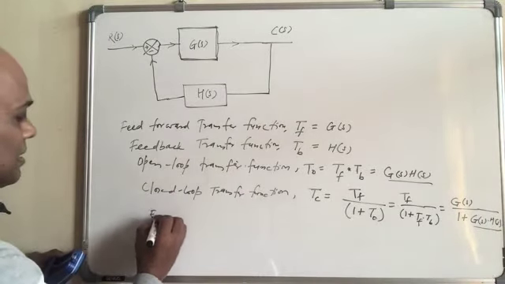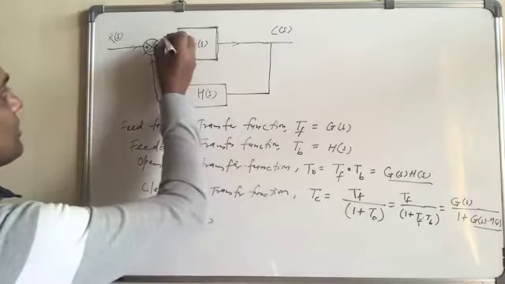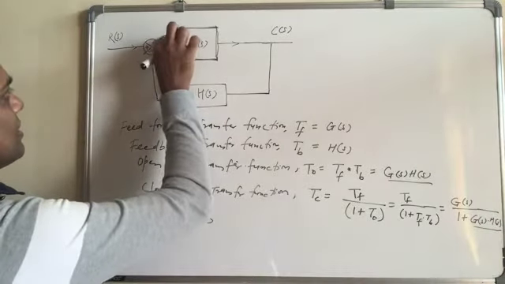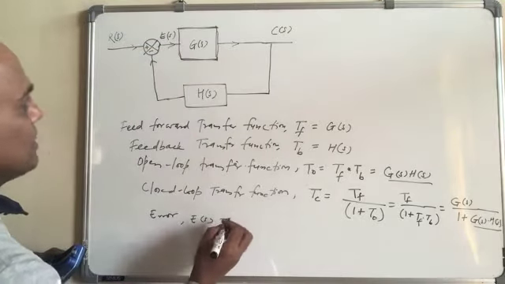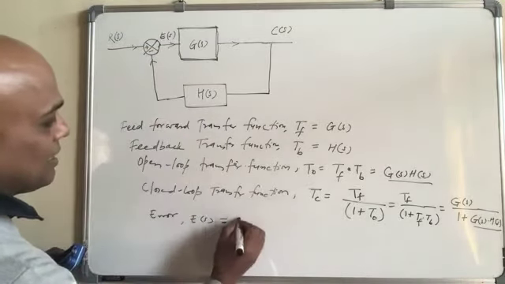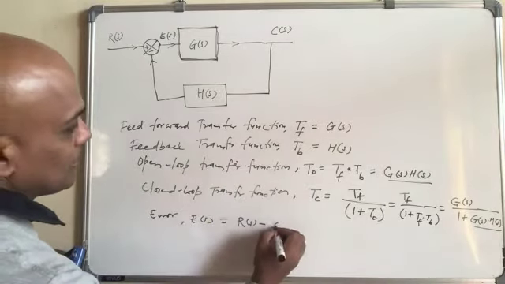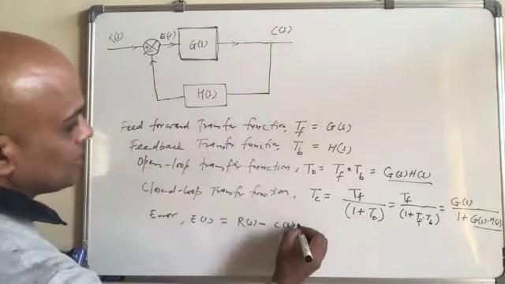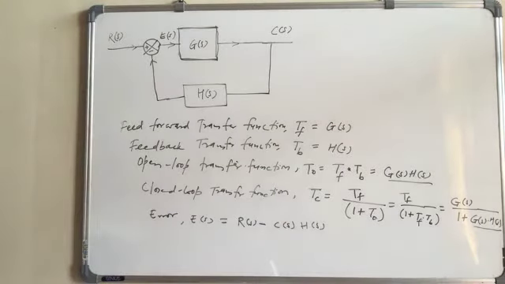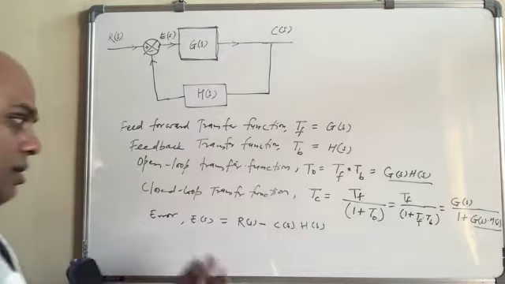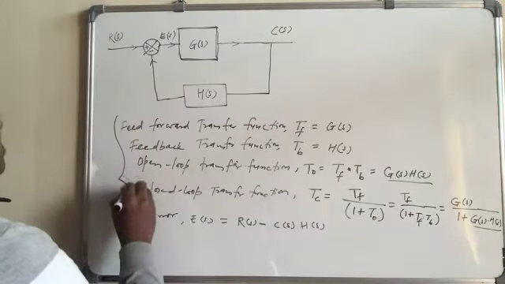And the error is E(s), and E(s) is given by simply R(s) minus C(s) times H(s), right? This is how it is. So this we will follow, so there should not be any confusion.